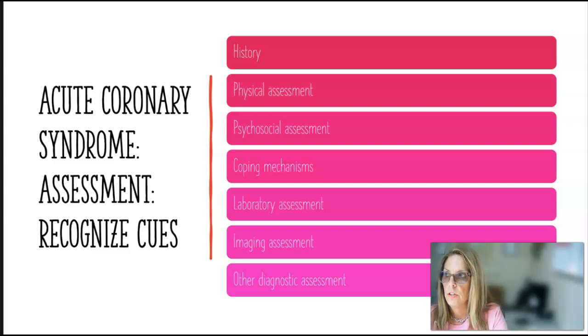As the nurse, you want to closely monitor the pain, the vital signs, pulse ox, and provide any anticoagulants, any medications. Some of our priority meds are going to be nitro. And again, think about after nitro, it's a vasodilator. We want to be looking for hypotension.